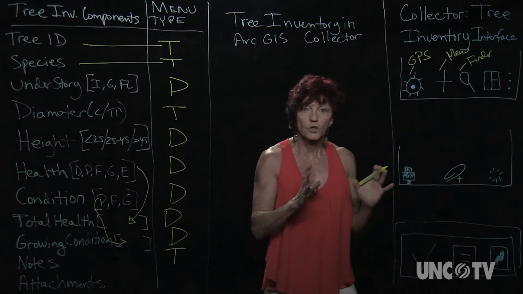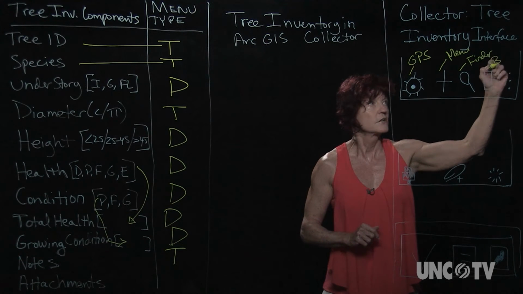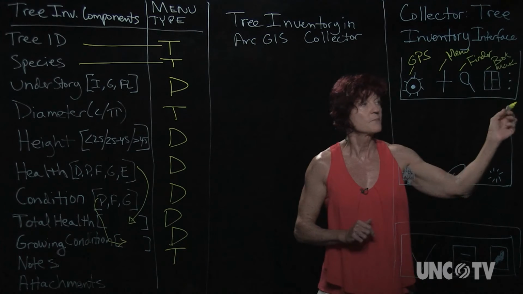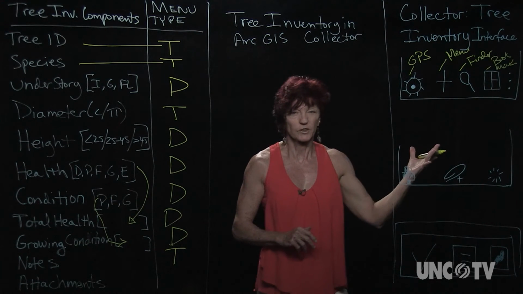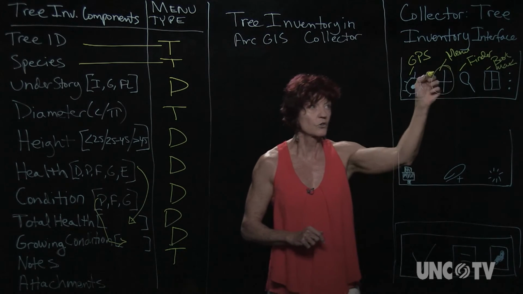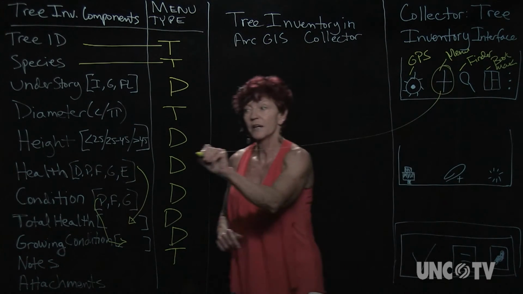If you're not in your position, you can locate your position. And you have your bookmarks, if you want to bookmark your location, and then other items that you won't really need. You're going to begin by selecting the crosshair, which will take you to these items over here.